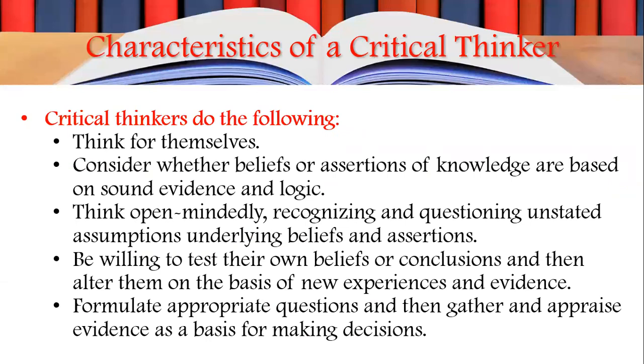So in terms of the characteristics of a critical thinker, critical thinkers do the following. They think for themselves. They consider whether beliefs or assertions of knowledge are based on sound evidence and logic. They think open-mindedly, recognizing and questioning unstated assumptions, underlying beliefs and assertions.